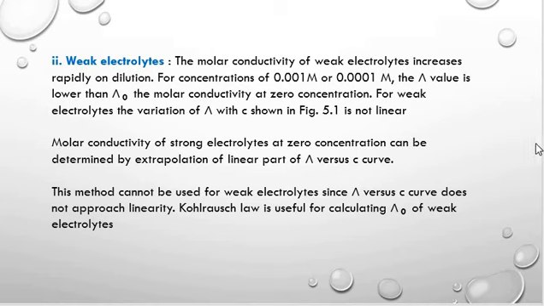But for weak electrolytes, molar conductivity increases rapidly on dilution. For a concentration of 0.001 M or 0.0001 M, the lambda value is lower than lambda naught, the molar conductivity at zero concentration.